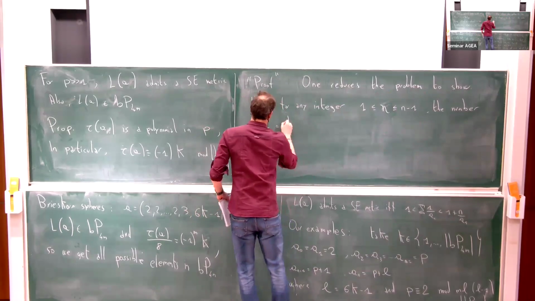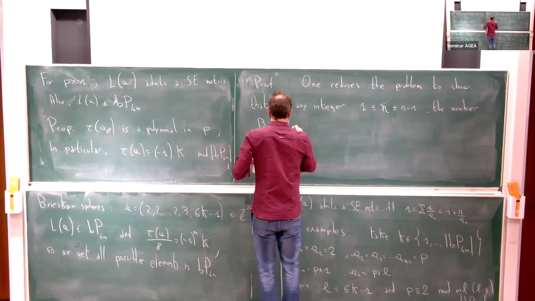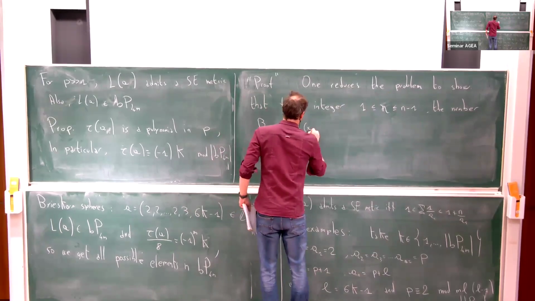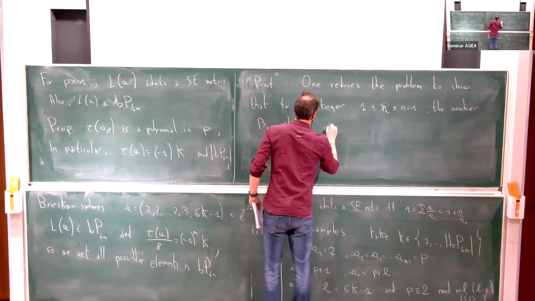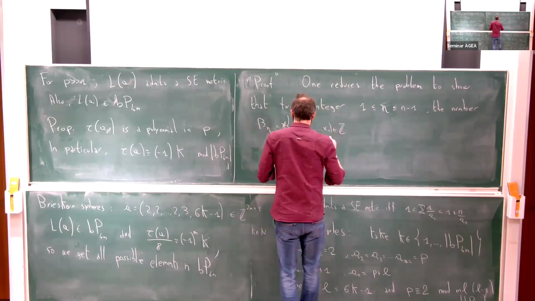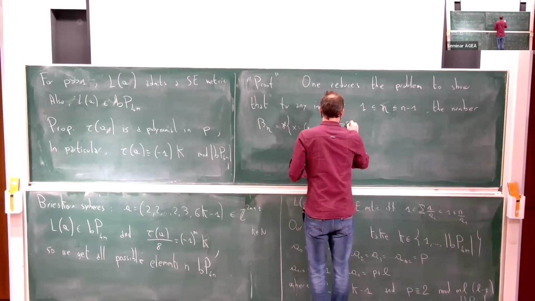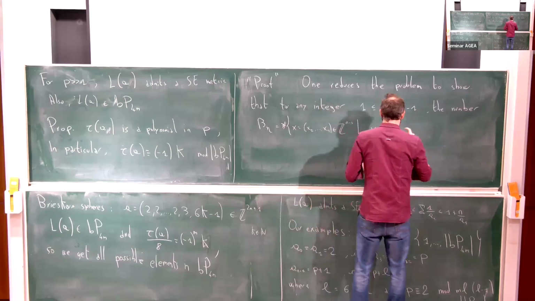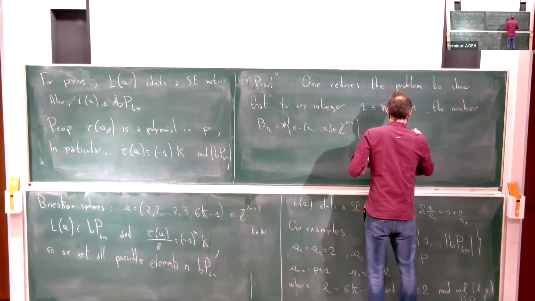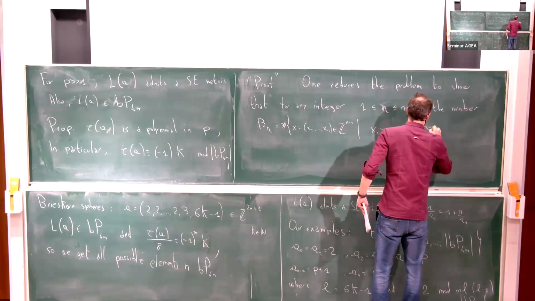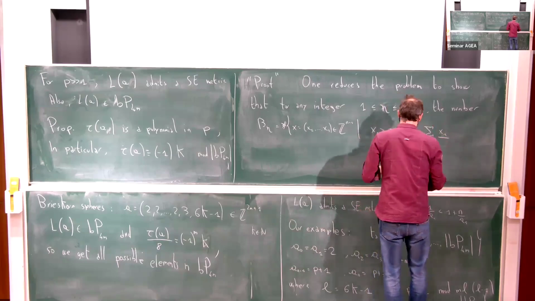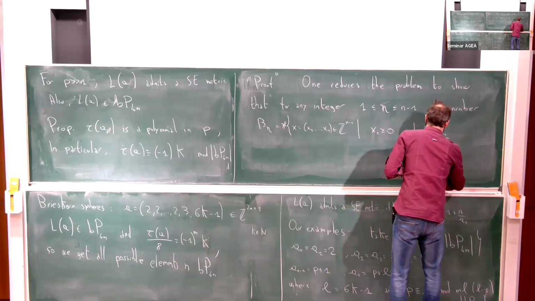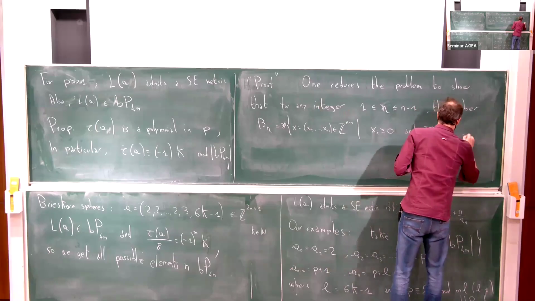So this is the number of lattice points such that they have non-negative coefficients and the sum is less than eta.